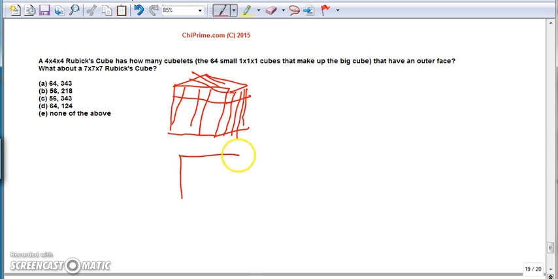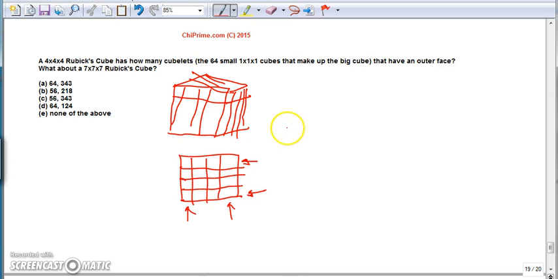So if you look at the cube from the side, what you see is you see 16 squares, right? You see 16 squares like this. So it's obvious that if you want to look at the cubelets that are completely inside the cube, if you take out one layer of cubes on each side, then you're left with a core, which is a smaller cube that has no cubelets that have any outer faces.